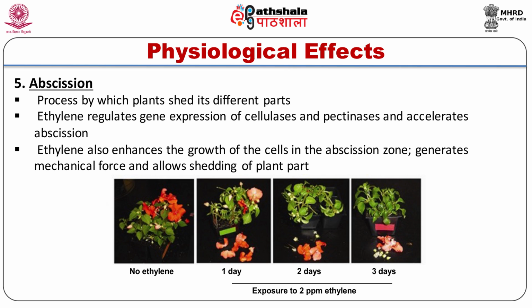Ethylene accelerates abscission of leaves, flowers and fruits by regulating the expression of genes of these enzymes. In addition to cellulases and pectinases, ethylene also enhances the growth of the cells in the abscission zone, but not in the neighboring cells. This uneven growth generates mechanical force. Mechanical force in combination with the weakened cell wall allows the shedding of the plant part.